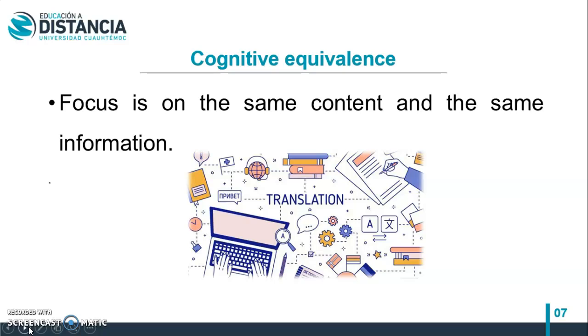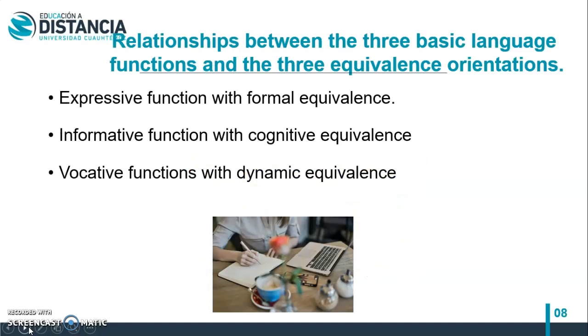The cognitive equivalence is the third type of grammatical equivalence, and it focuses on the same content and the same information. There is a relationship between the three basic language functions and the three equivalence orientations. The three basic language functions are the expressive function, informative function, and vocative function.